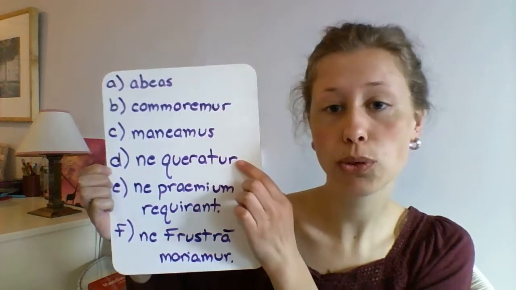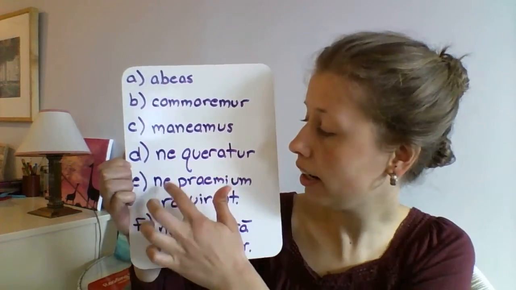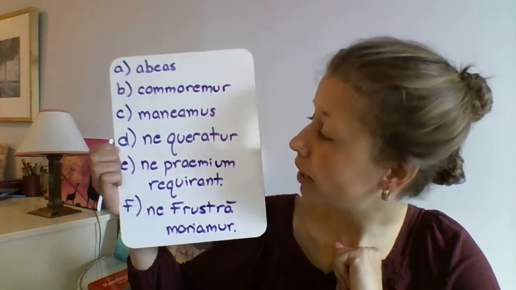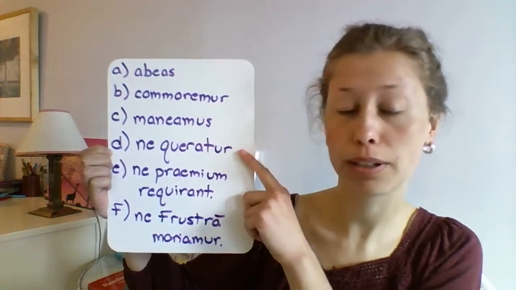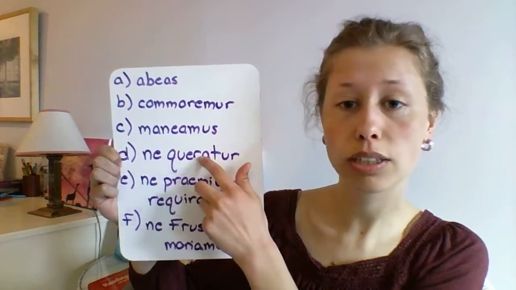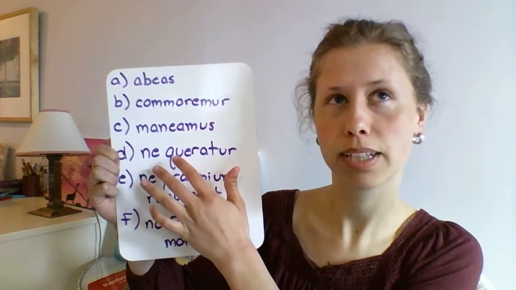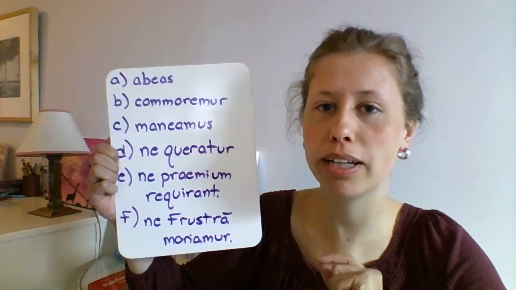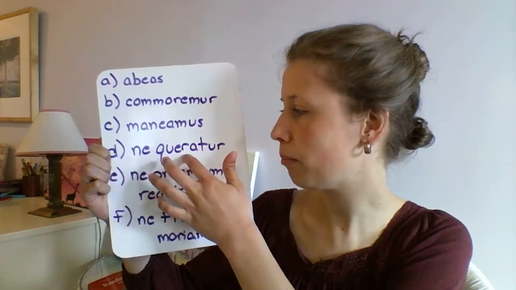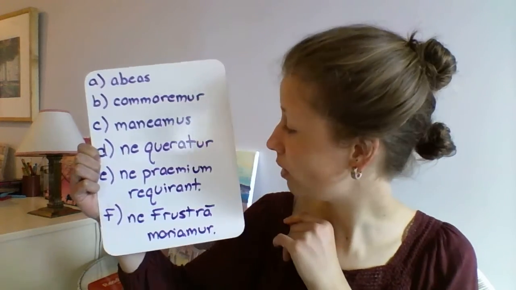Ne queratur. If you have a ne in front of the subjunctive, it just means don't, so it's a negative command. This is third person, so you're commanding some he, she, it: let him not complain or let her not complain.